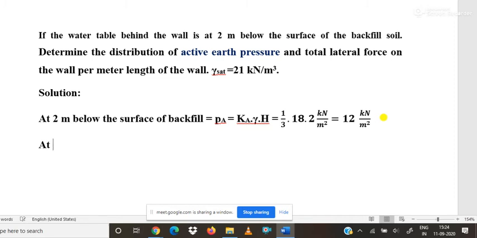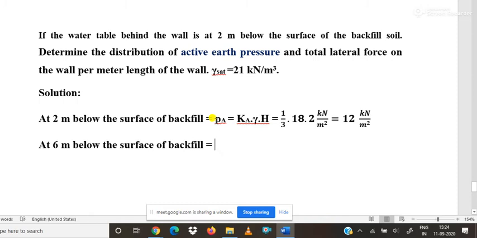Now at 6 meter below the surface of backfill, that means now we have to calculate from 2 meter below the surface to the 6 meter below the surface. That means the total height in this stage is 4 meter, from 2 meter depth to 6 meter depth.